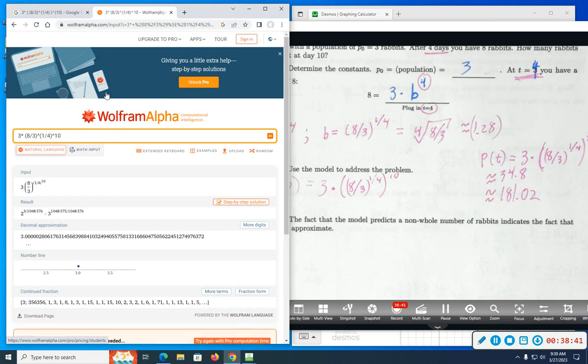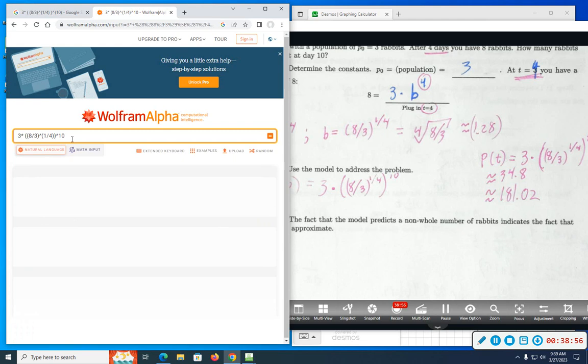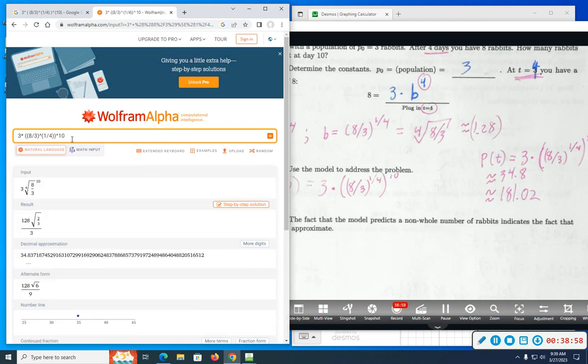So notice Wolfram Alpha gives you this pretty quick version of what is typed. Is that the thing that I actually wanted? No. 10 is in the wrong exponent. Cool. Now it seems more like what I want. And Wolfram Alpha is even doing this thing where it says, oh, you're raising it to the 1/4 power. That means you want to take the 4th root. Fine. Cool. Folks feel pretty good.